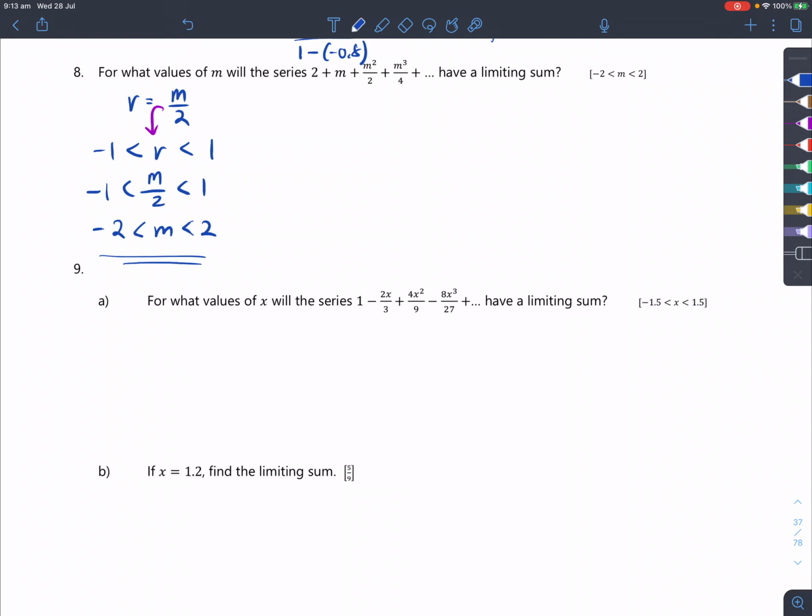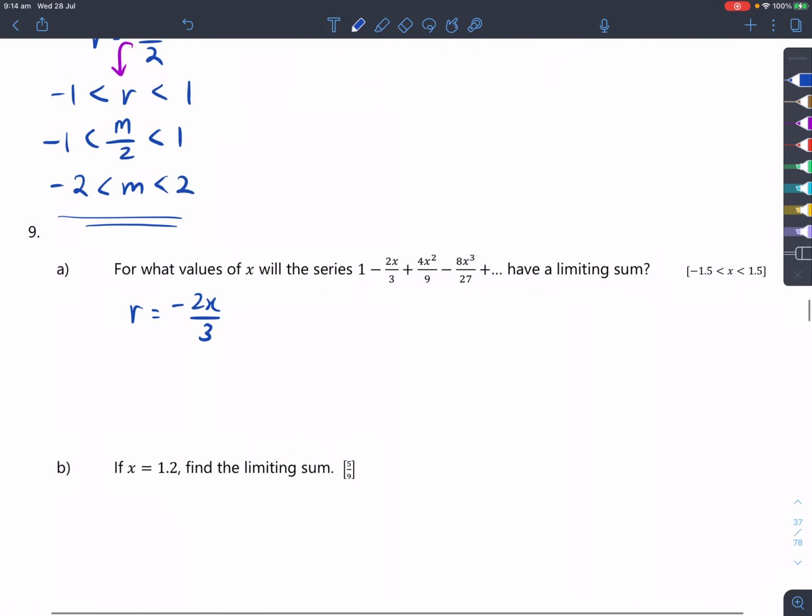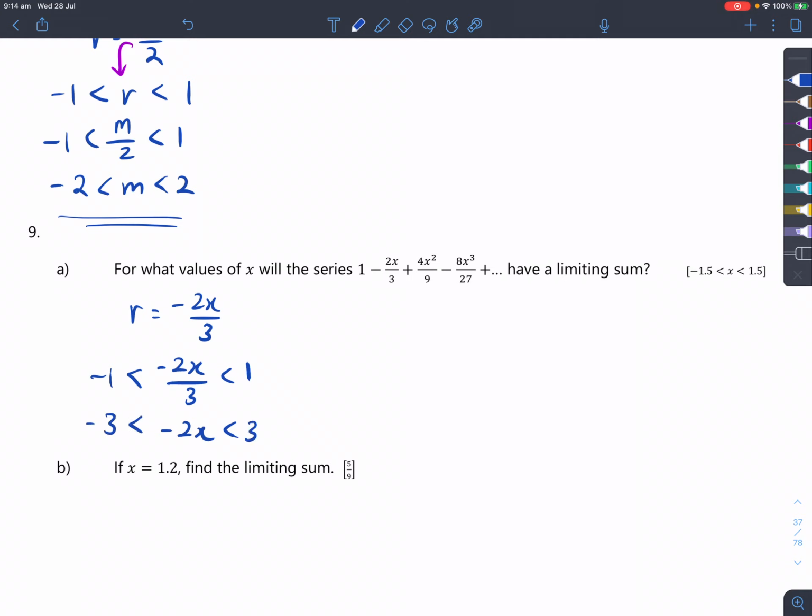For 9a, we do exactly the same thing for values of x with a series that has a limiting sum. Let's find the ratio. The ratio is minus 2x over 3 divided by 1, which is minus 2x over 3. We've got to set this ratio between 1 and negative 1. We'll multiply both sides by 3 first, so that negative 2x is between negative 3 and 3.